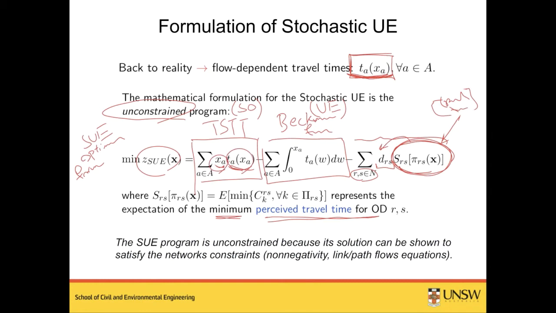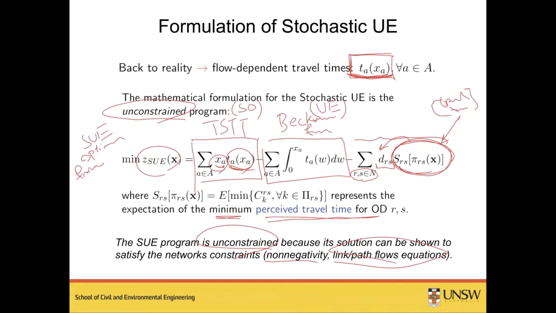And this SUE program is unconstrained because, interestingly, as I said before, if we find the solution of this problem, we can see that it already satisfies non-negativity and it already satisfies the link and path flow equations that we had before. So when it comes to unconstrained optimization problems, how can we find the optimal solution?